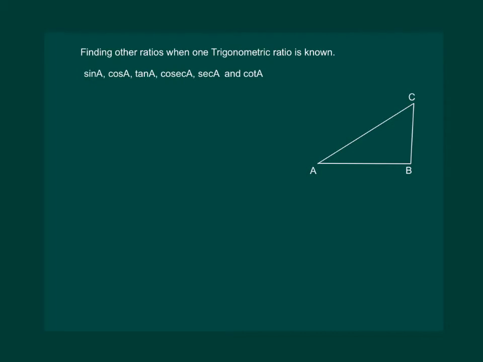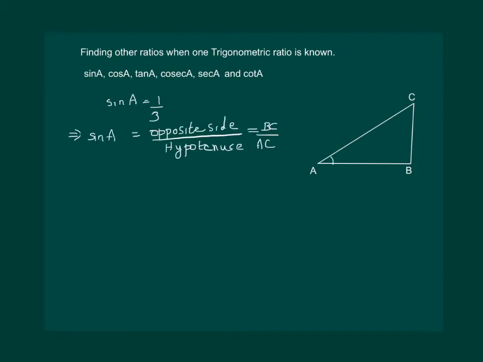Consider a right triangle ABC and say we are given one of the ratios, sine A equal to 1 by 3. But we know that sine A equal to opposite side by hypotenuse, which is equal to BC by AC.